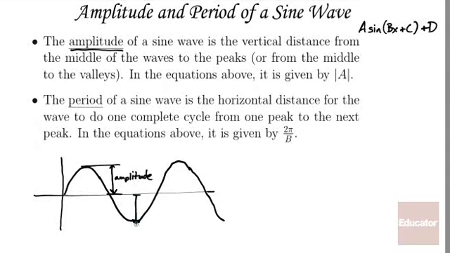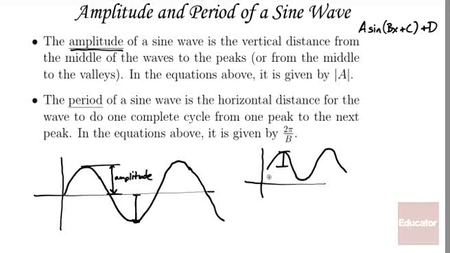That's also the amplitude, but you can measure it either way. If the wave is moved up, maybe floating up above the x-axis, then the amplitude is still the distance from the middle of the wave to the peaks.